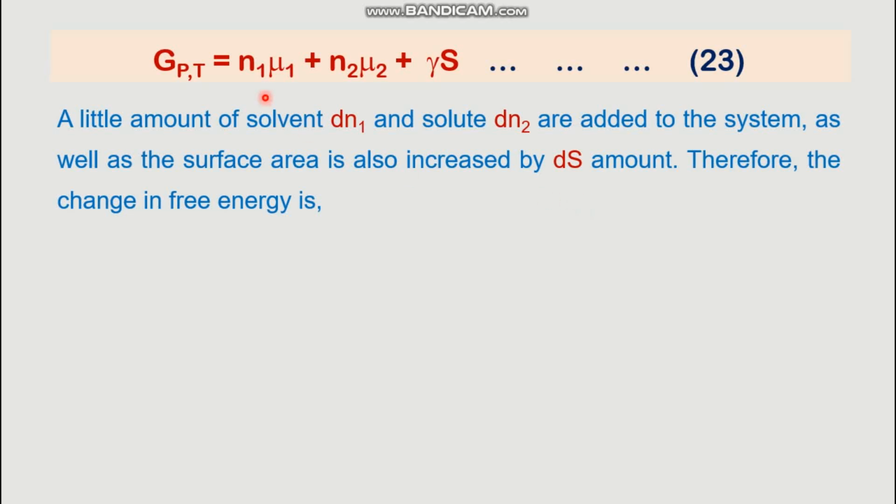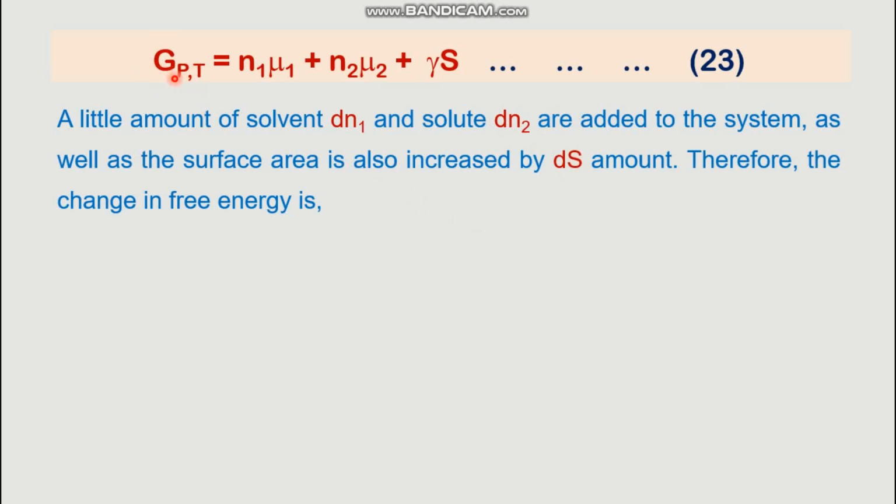So the amount of solvent has increased by a very infinitesimal amount dN1. The amount of solute has increased by a very small or infinitesimal amount dN2, and the surface area also has increased by a very small amount ds. So in that case, what should be the change in free energy?